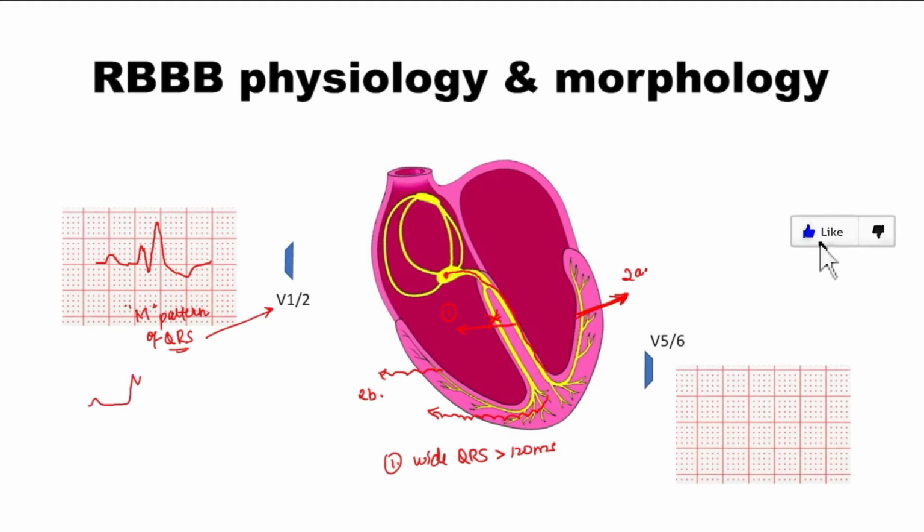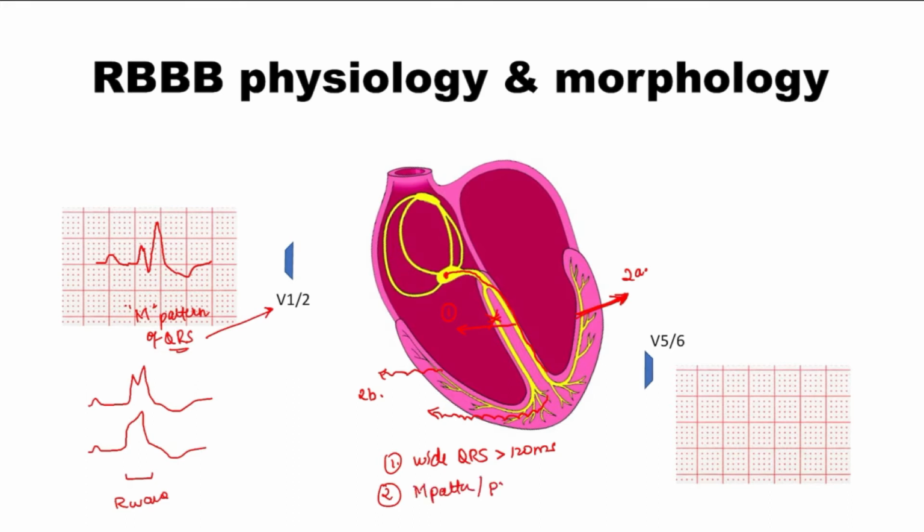It can look something like this. It can look something like this, which really is just a broad R wave. So the next important finding is presence of an M pattern or a prominent R wave in V1 and V2, which are the right sided leads.